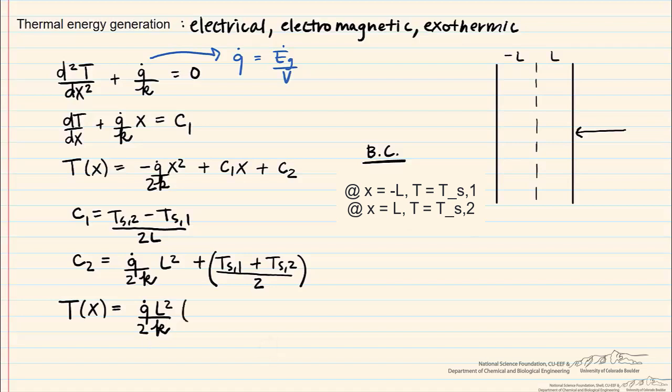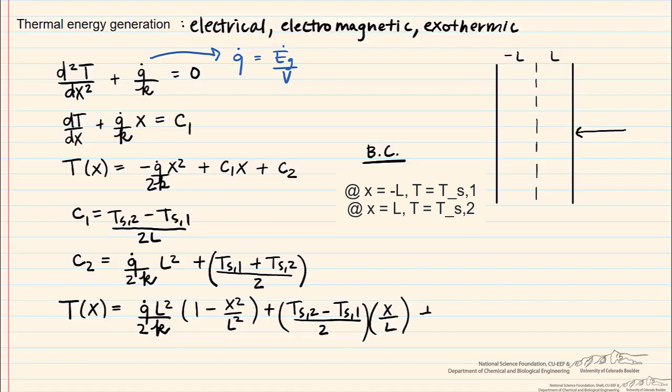And this is 1 minus x squared over L squared plus Ts2 minus Ts1 divided by 2. And this is multiplied by x over L. And finally, we add to that Ts1 plus Ts2 divided by 2.